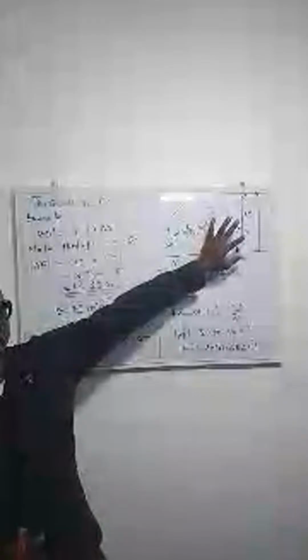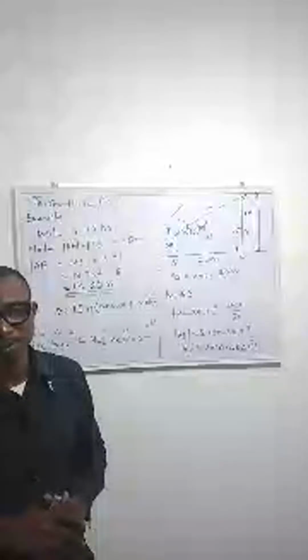If this question were to be marked, the examiner expected you to draw this diagram correctly. So there will be a mark for the diagram. And there's one thing you need to know: once your diagram is wrong, even if all your workings are correct, everything will be marked down.